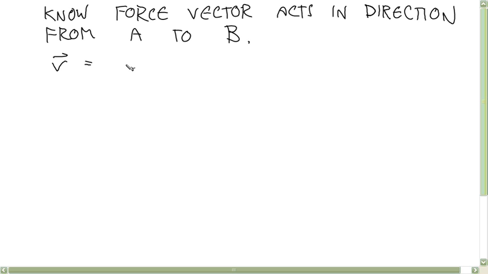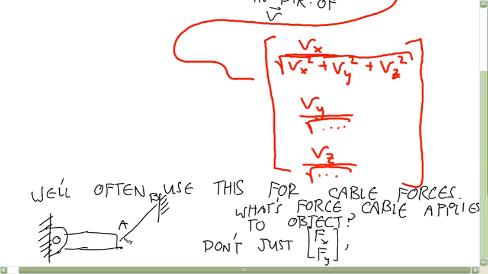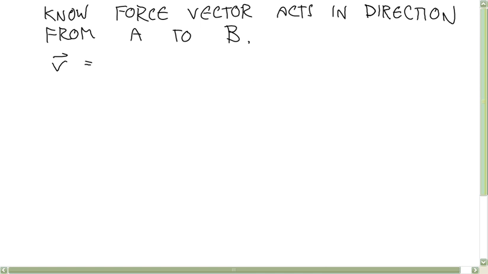Okay, so we know that the force vector acts in the direction from A to B, from the point A to the point B, right? So I'm going to define this vector equal to B minus A, okay?